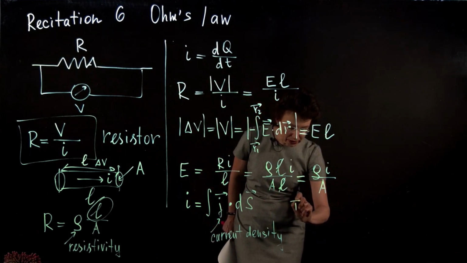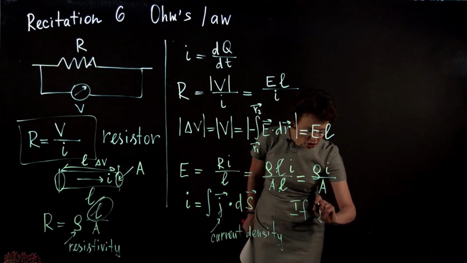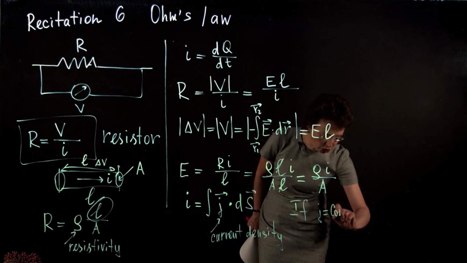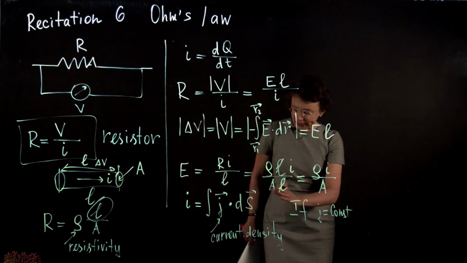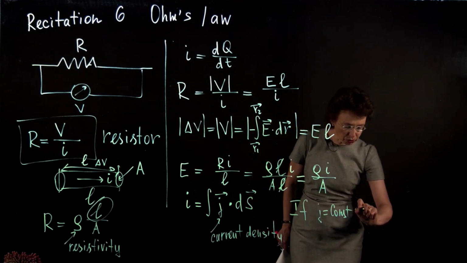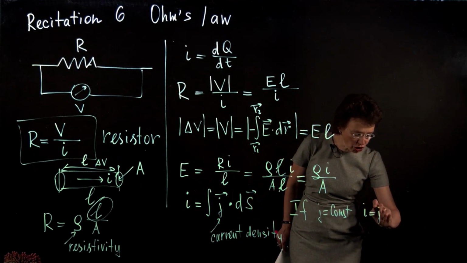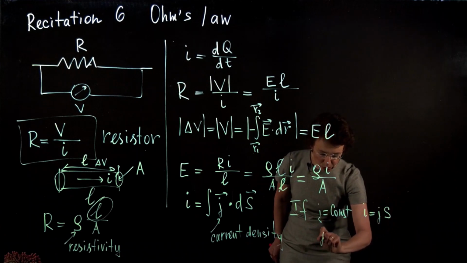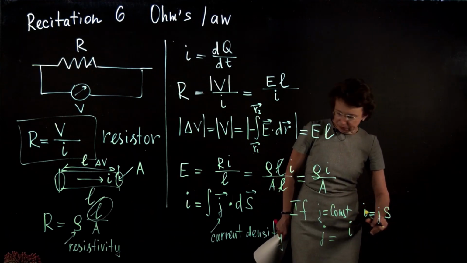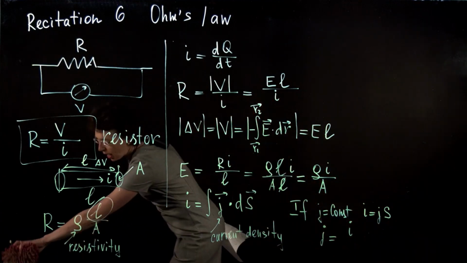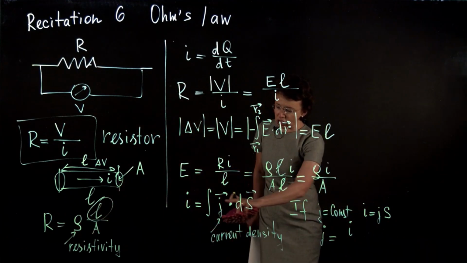Now, if J is constant at each point of this wire, then I can take J out of the integral. We will have I is J times S, and we will have J as I over A. I don't want to change the notations.